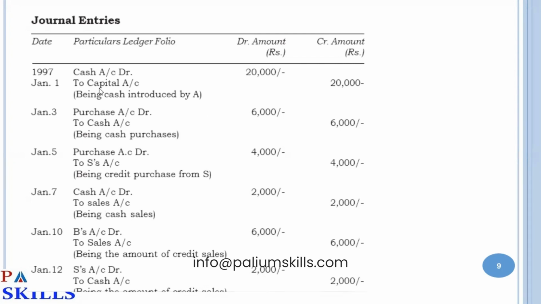Okay, so here what we are doing, we are recording it in this manner. This is called as the journal. This is where we record the journals. Cash account debit 20,000 to capital account, that is 20,000. Purchase account debit to cash account.